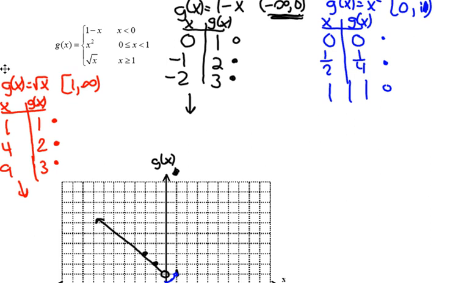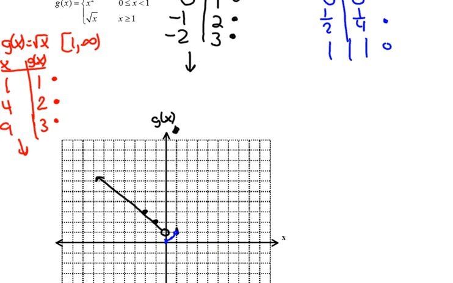Okay, not a straight line because it's not a linear function, it's quadratic. Okay, let's graph the last one, then I'll do that in red. Now notice, for this piecewise function, (1, 1) is now closed. So I'm going to close this in red, and I'll do (4, 2), and (9, 3).